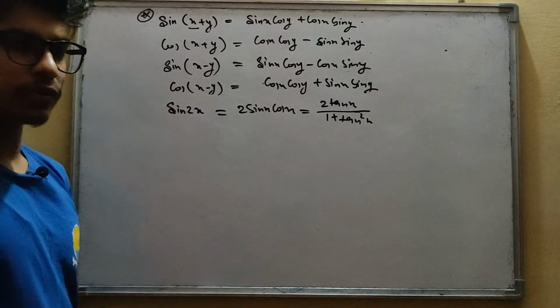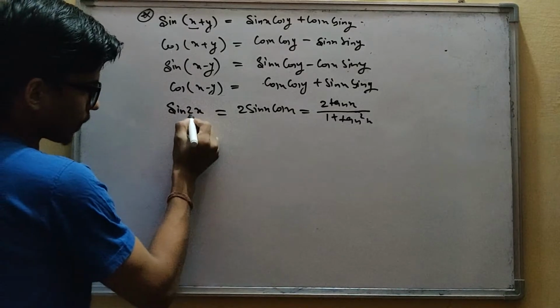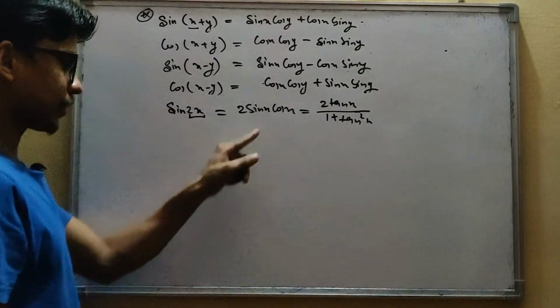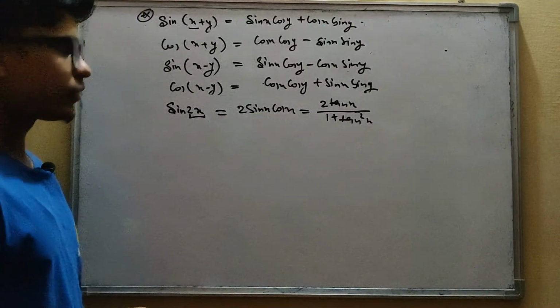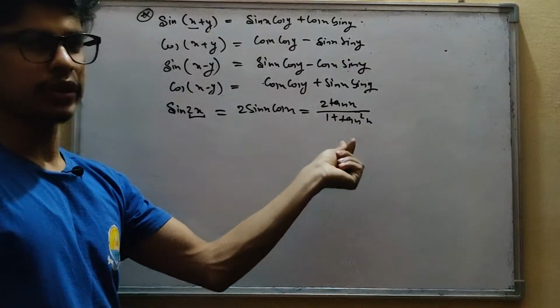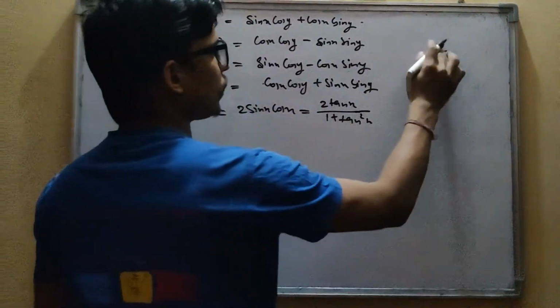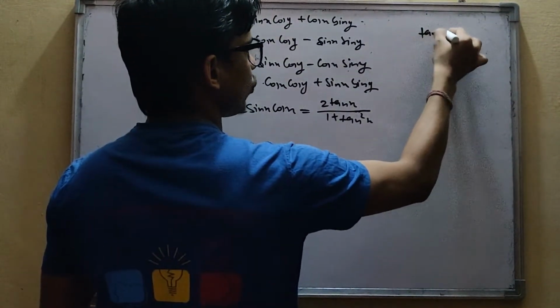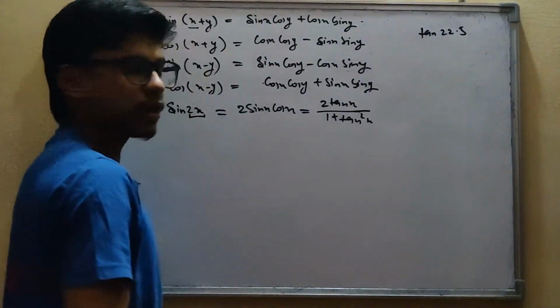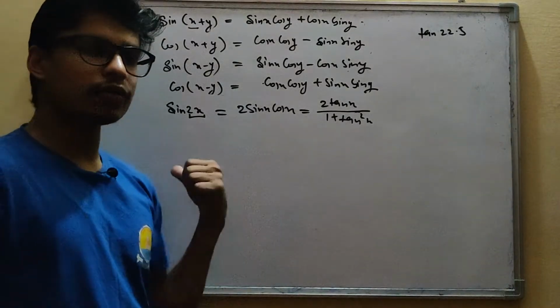So what is the importance of this formula? Here what you can see, whatever the value over here, it is going to be half here, right? And sin 2x is completely converted into tan x. Okay, so for example, somebody asks you to find the value of tan 22.5, right? So the problem is how will you do this?